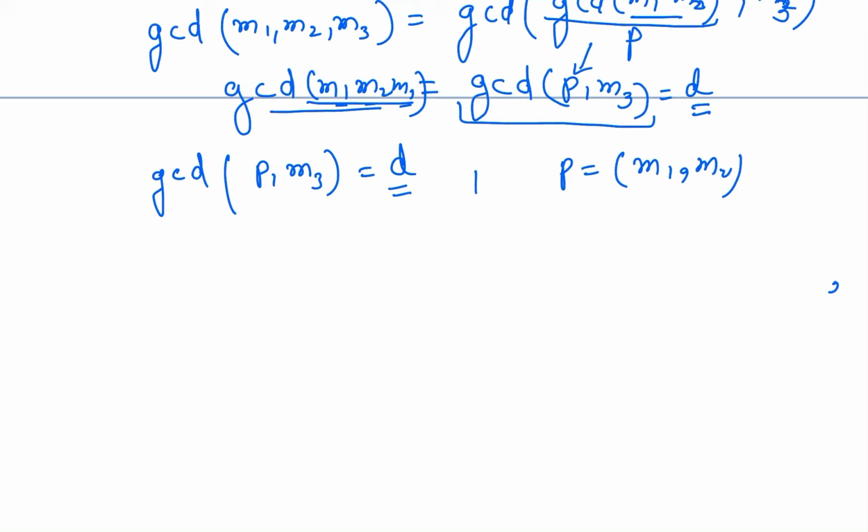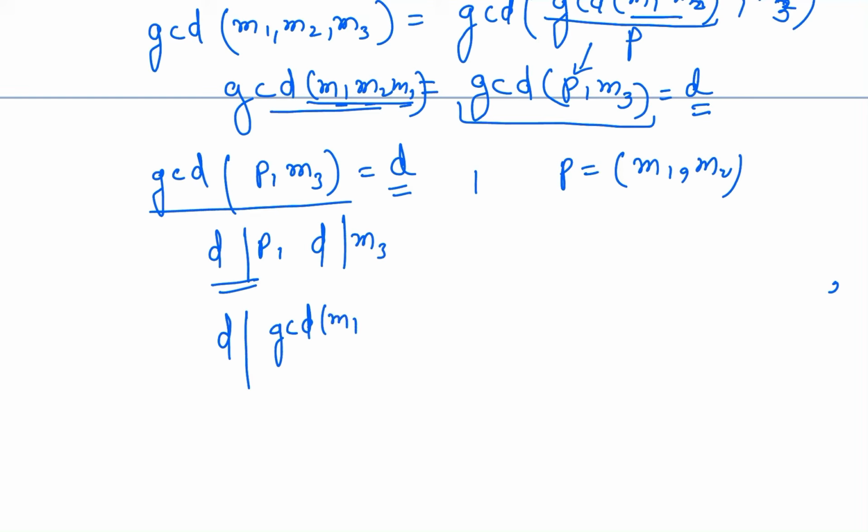Since we assume that D is a GCD of P comma M3, that means D divides P and D divides M3. D divides P, that means D divides GCD of M1 comma M2. That implies D divides M1 and M2, and D divides M3, that means D divides all M1, M2 and M3.